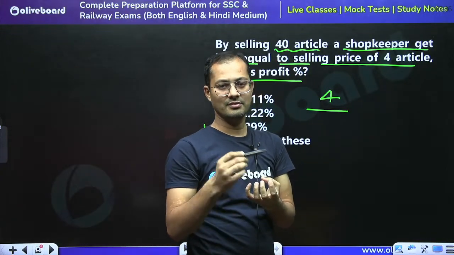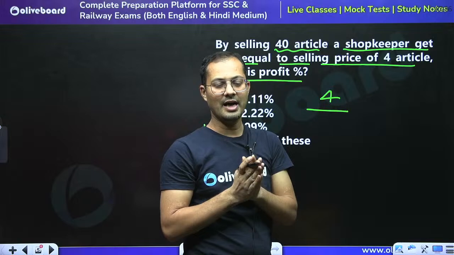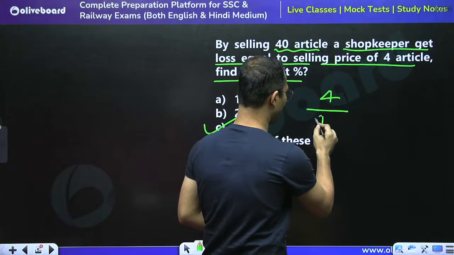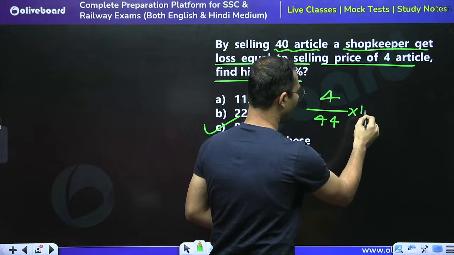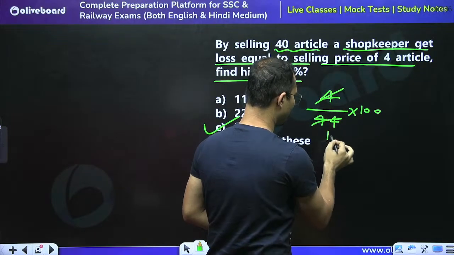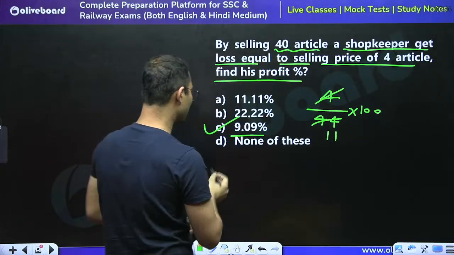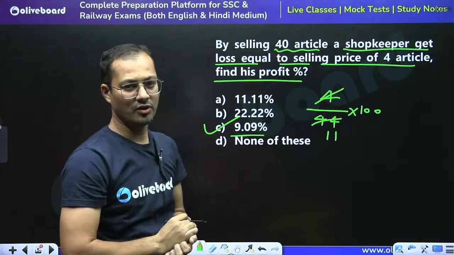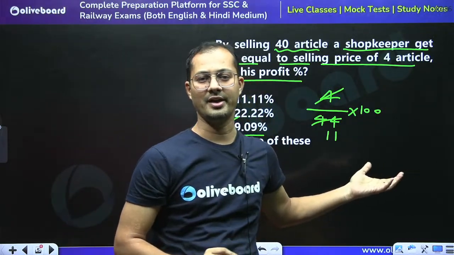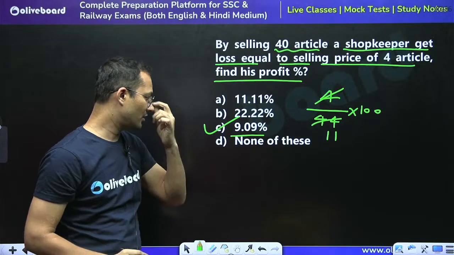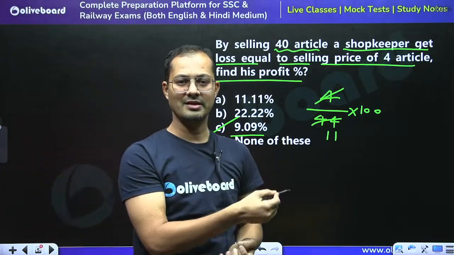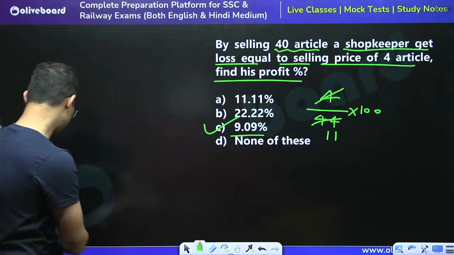After selling for 40, I'm getting a loss of 4 rupees, so the cost price is 40 plus 4, that is 44 into 100. So by 4 it is 11 times. So in a single line I can say that 9.09 is the right answer. No need to solve it further. Just putting things like this, we can answer in a single step.